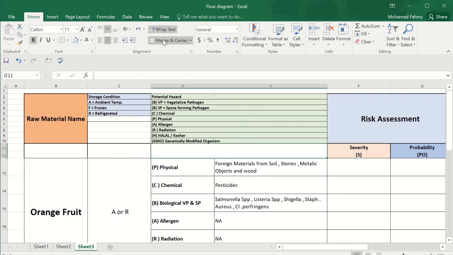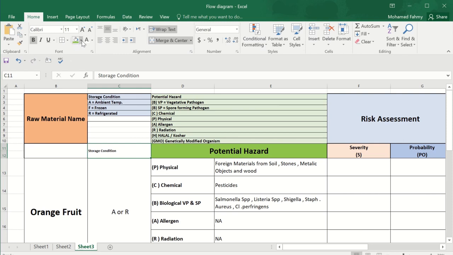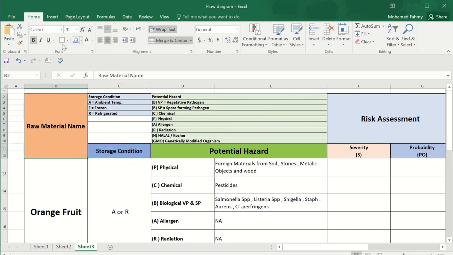This table is very important to your HACCP plan. You must revise this table, because any audit will focus closely on this table.